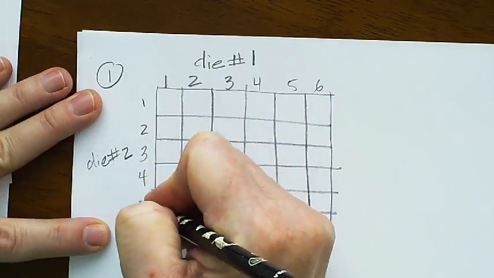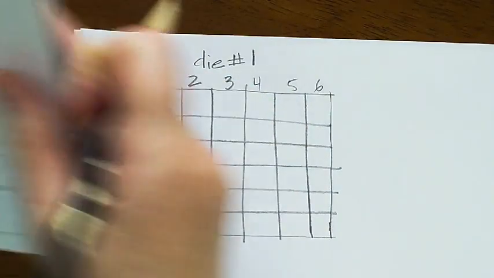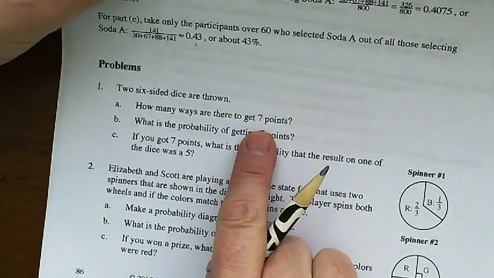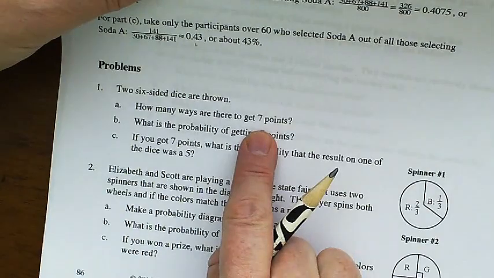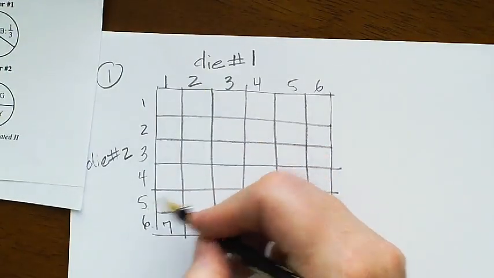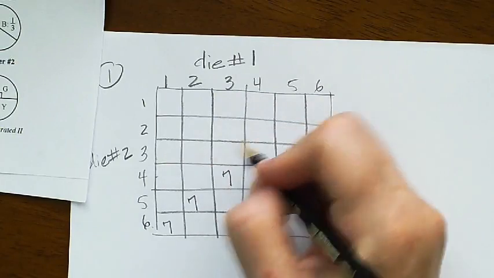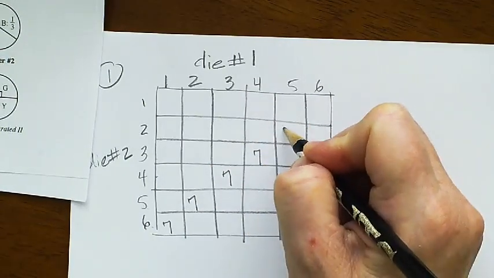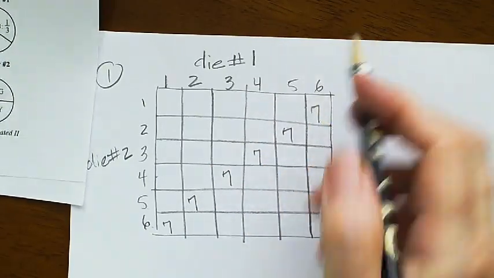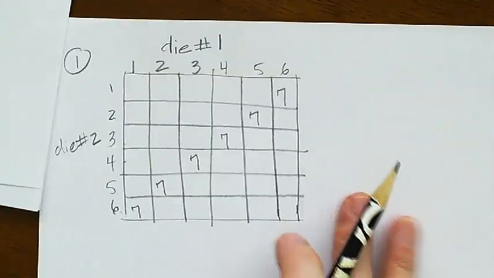So how many ways are there to get 7 points? I could just look at those possibilities and not look at all the possibilities. 1 plus 6 is 7, 2 plus 5 is 7, and so on. 3 and 4, 4 and 3, 5 and 2, 6 and 1. So there's 1, 2, 3, 4, 5, 6 ways to get 7 points.